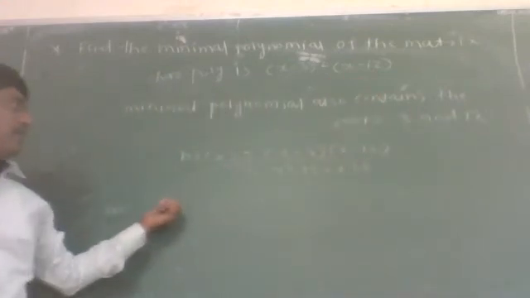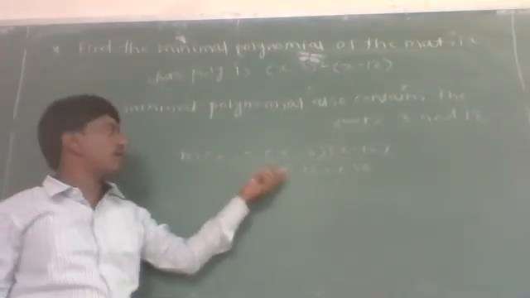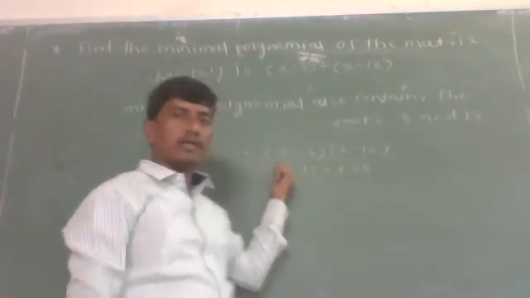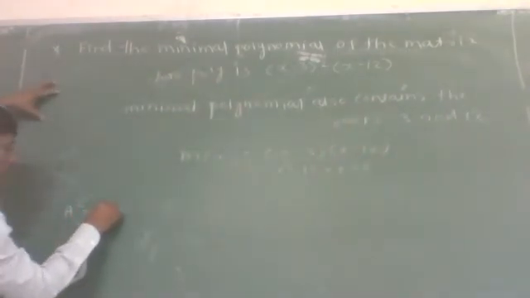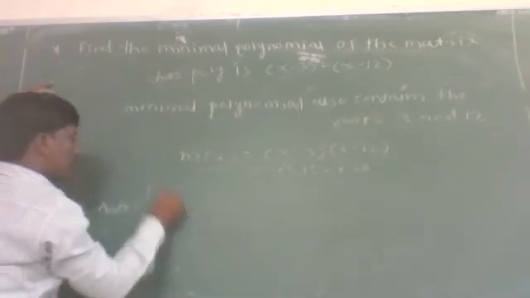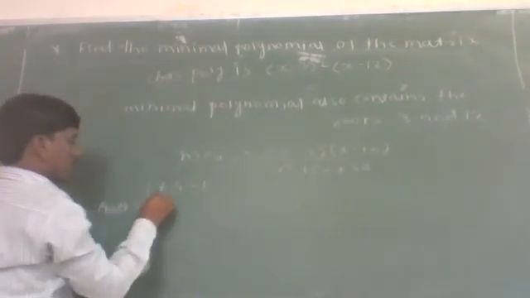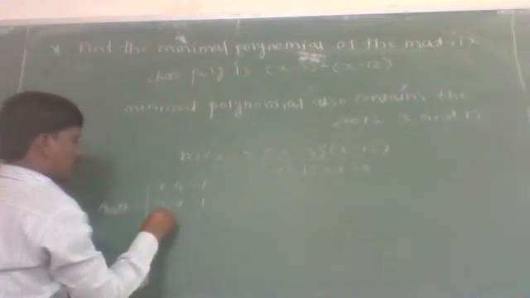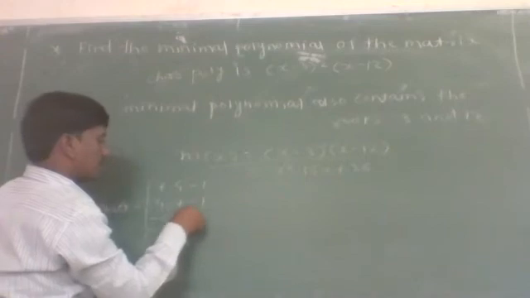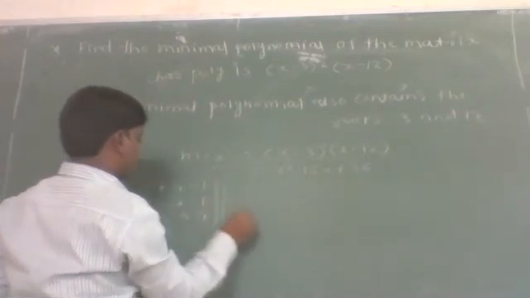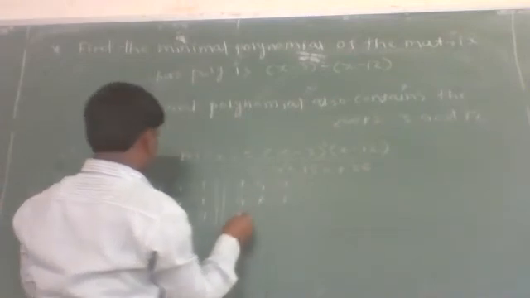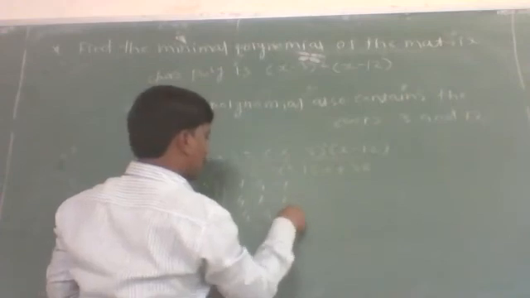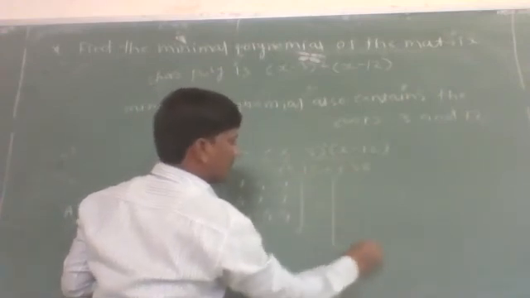To check whether this polynomial annihilates the matrix A, we have to find the value of A square, and we know that A square is equal to A into A, which is equal to [7 4 -1; 4 7 -1; -4 -4 4] into [7 4 -1; 4 7 -1; -4 -4 4]. So we have to take the multiplication to find A square.